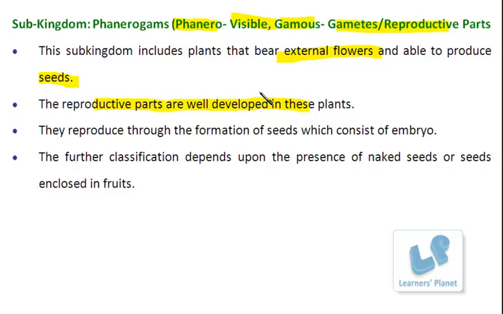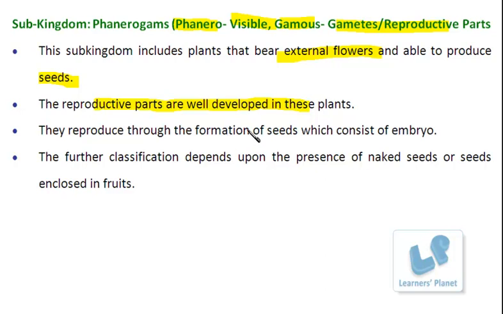These seed producing, flower bearing plants are known as the phanerogams. These organisms, as they have flowers and developed seeds, are able to reproduce in the sexual manner.